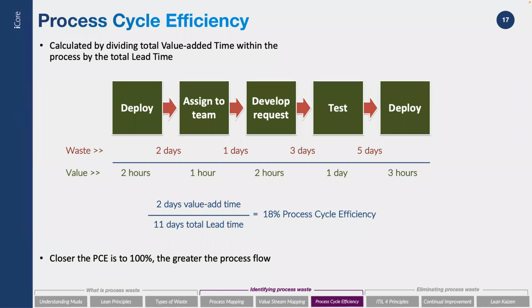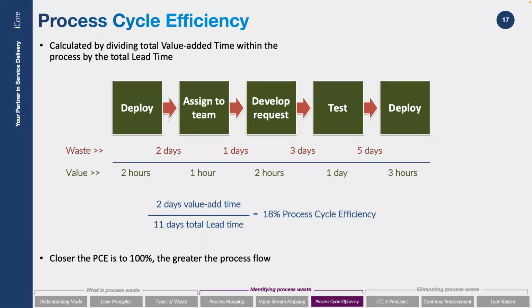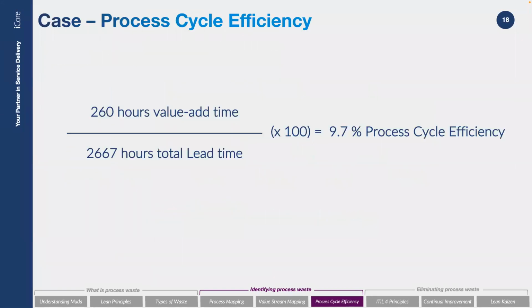Now let's have a look at what that looks like with our last slide. If we go into where we were with our results, we've got the 260 and 2667. Let's have a look at what it would be. 260 divided by 2667 times 100 is 9.7. So at this point, this part of incident management only has a 9.7% cycle efficiency.